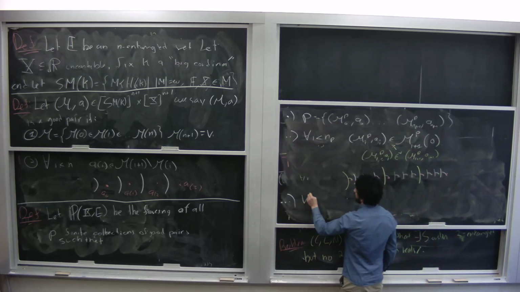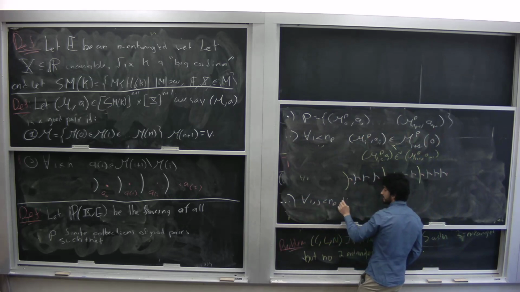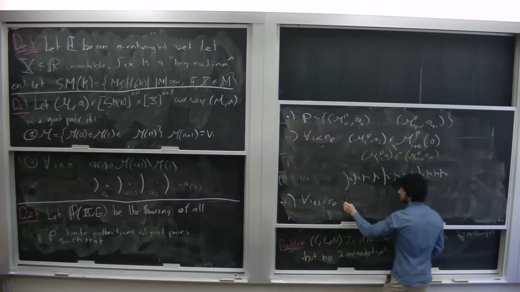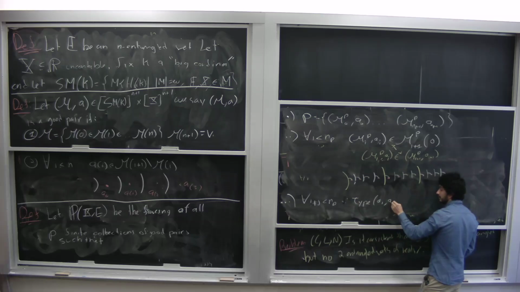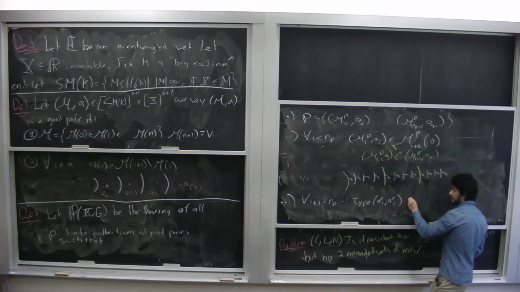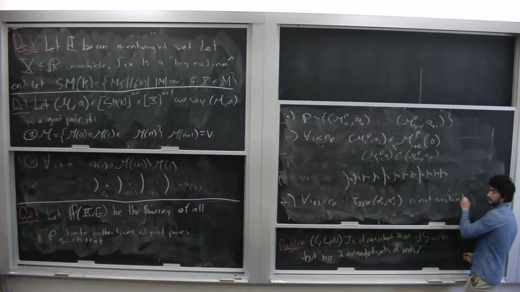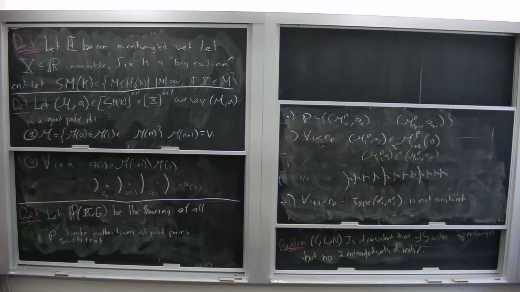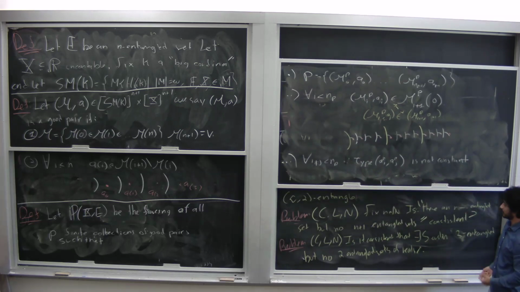So for any i and j less than n plus 1 distinct, the type of a_i, a_j is not constant. So you mean that just means it's not increasing or decreasing. Excellent. Yeah. So this is the force.